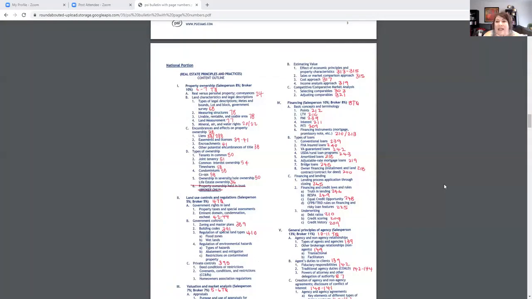Then selecting and adjusting comparables. Selecting comparables, I want you to focus on a comparable sale in the same neighborhood within the last 12 months. Not a foreclosure, because that's a distressed property. Not a sale that happened maybe between mother and daughter, because that's unique.